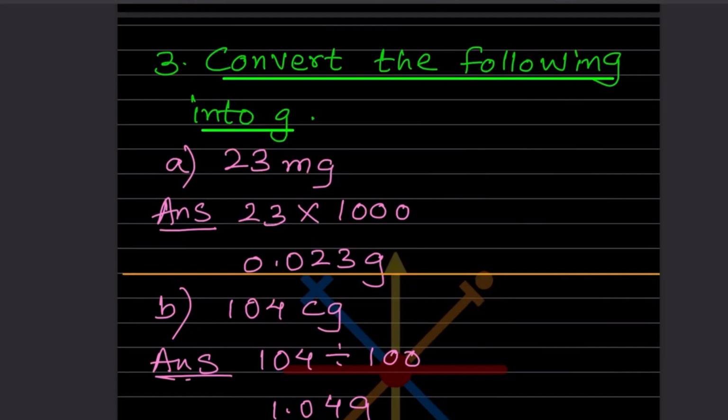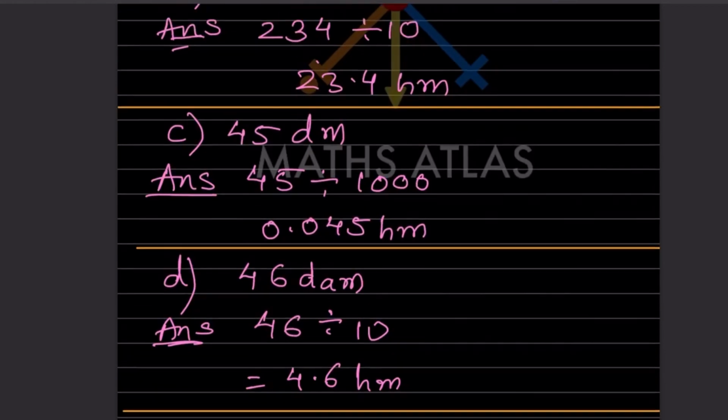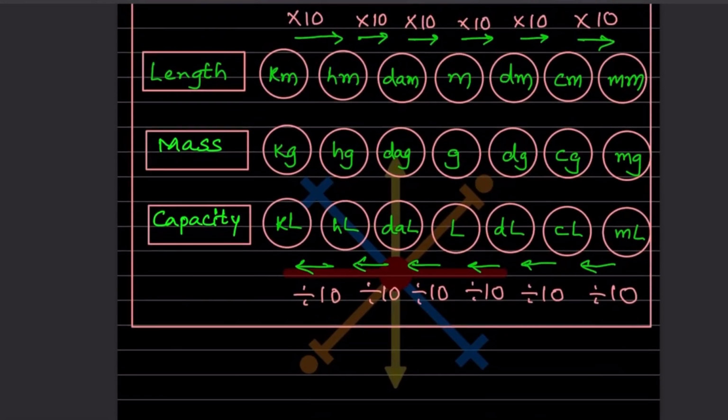Now you are going to convert the following into gram. So again, you are going to look at that table. Whenever it is gram, from milligram to gram, you are going to multiply by 1000. Sorry, this is actually from milligram to gram, so you are going to go in the reverse order.